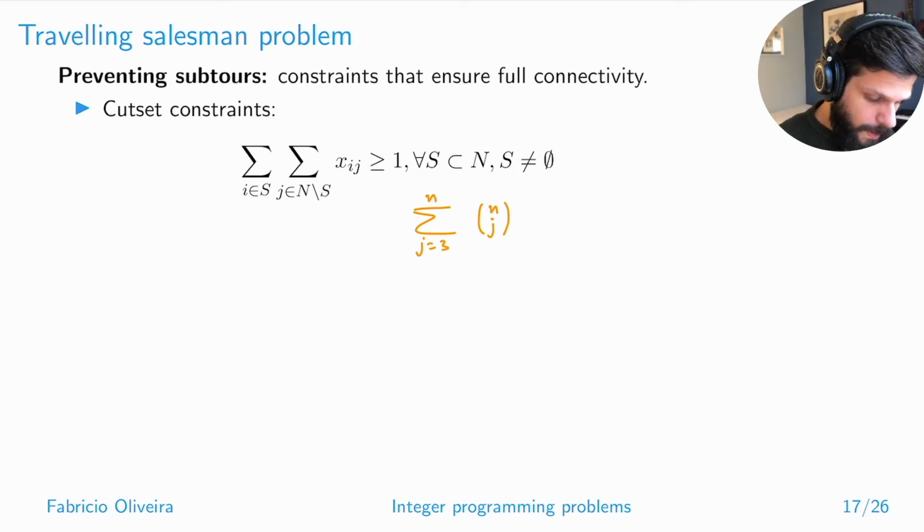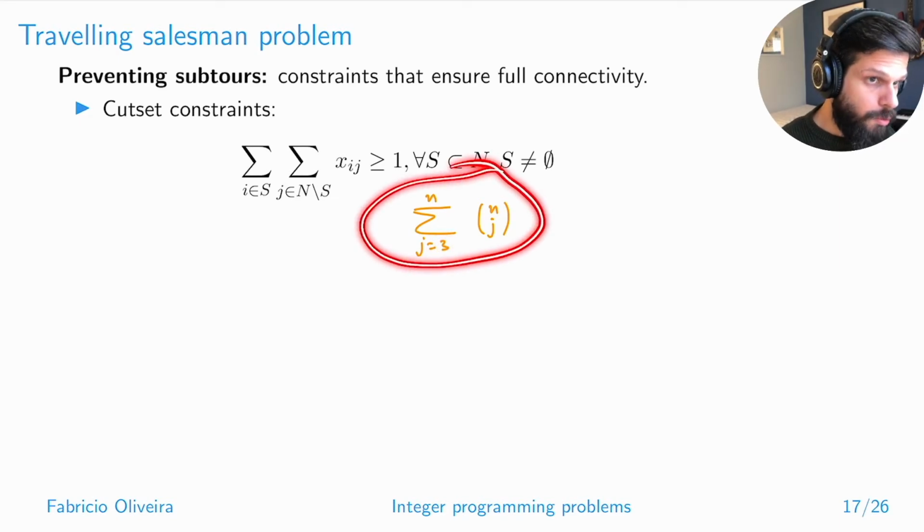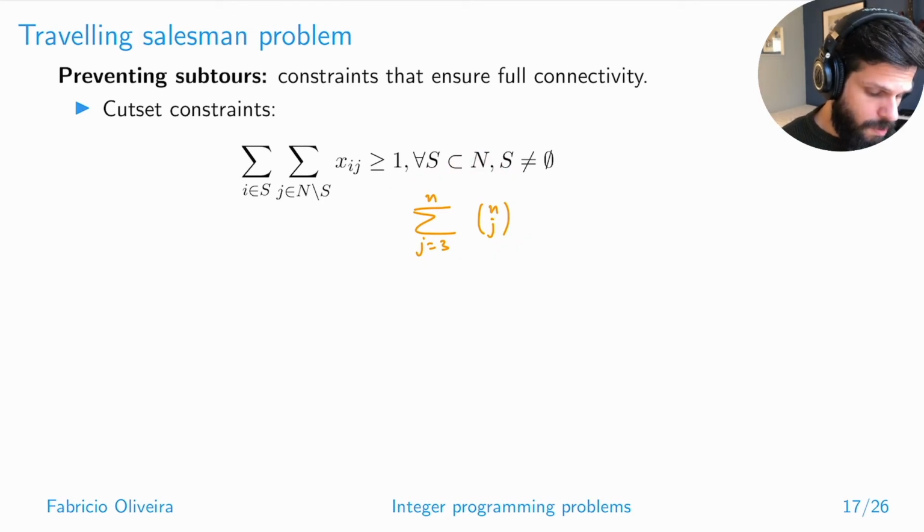So you have to think of all combinations you have of 3 nodes that can form a subtour, and then add to that all combinations of 4 nodes you can form a subtour, and then you have to think of all 5 nodes. You can't form a subtour with only 2 nodes, so that's why I'm putting at least 3 here. And this is a really large number. It means that you have a really large number of constraints that you have to take into account.